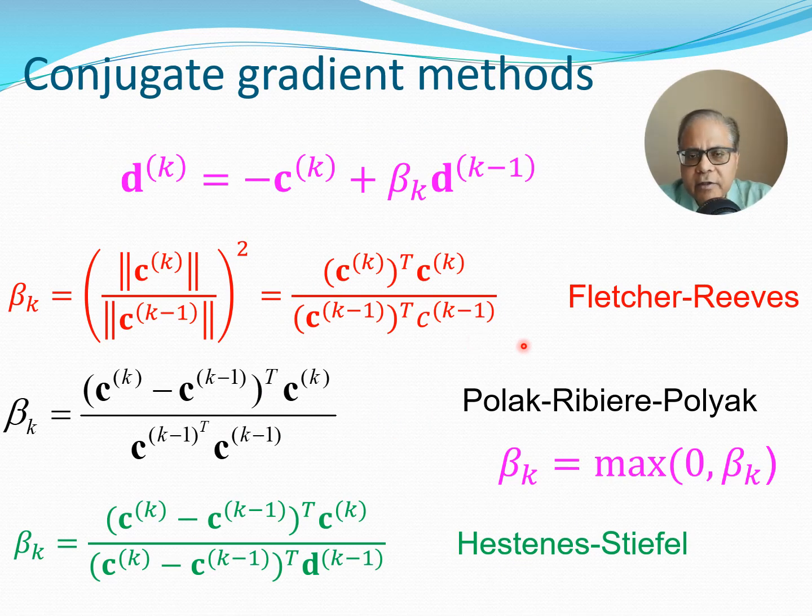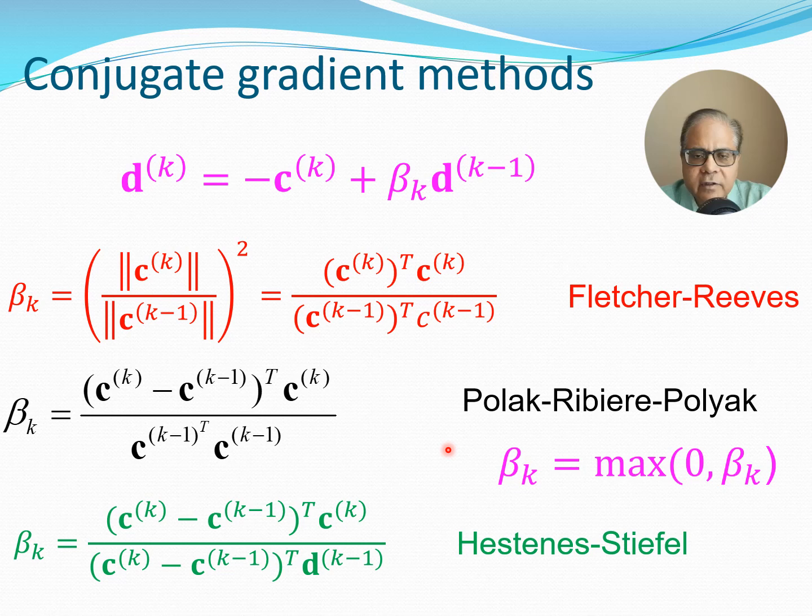Let's start looking at the classical conjugate gradient methods, propounded by Fletcher-Reeves, Polak-Ribiere, and Hestenes-Stiefel. These methods are given by these formulas. The Fletcher-Reeves is probably the simplest formula: the norm of ck divided by the norm of ck minus 1, the whole thing squared.